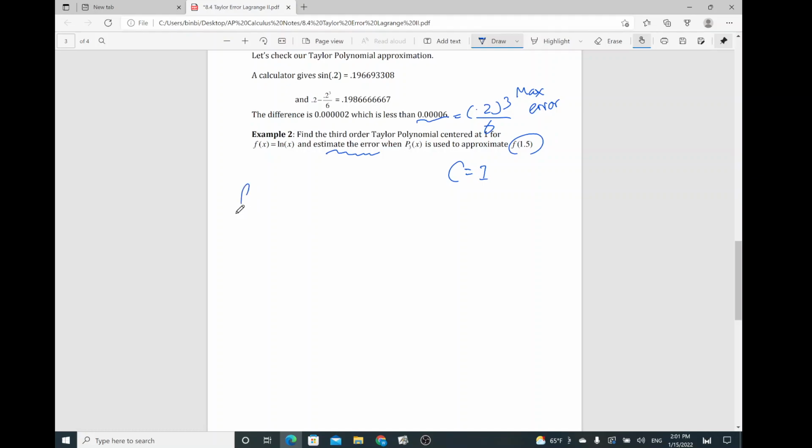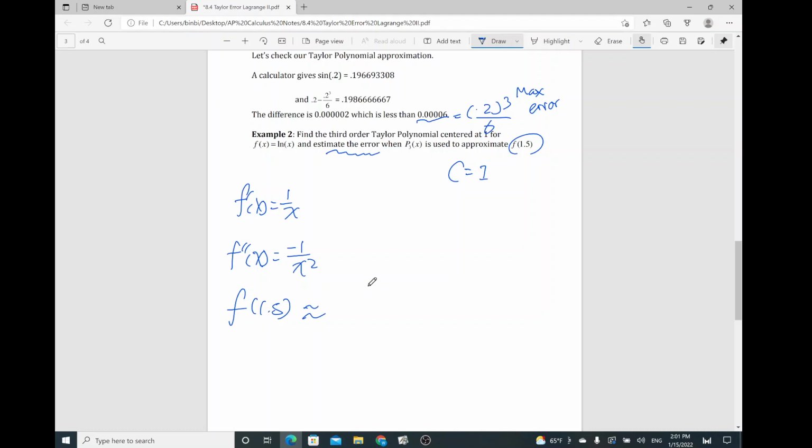So start with the derivatives. f prime of x is 1 over x, and f double prime of x is -1 over x squared. This one is the third order polynomial, so start off with f of 1.5.